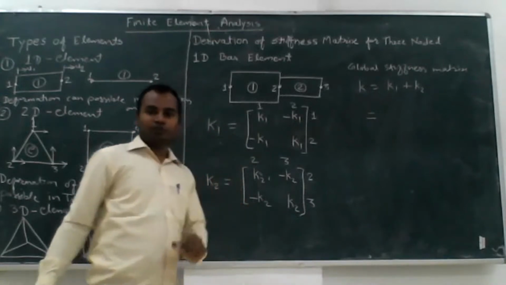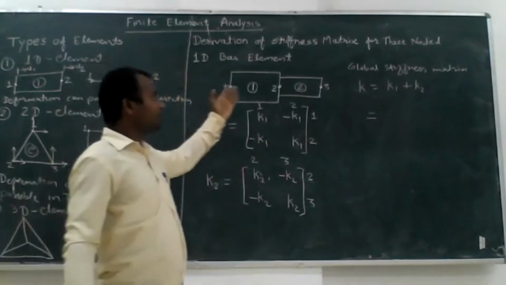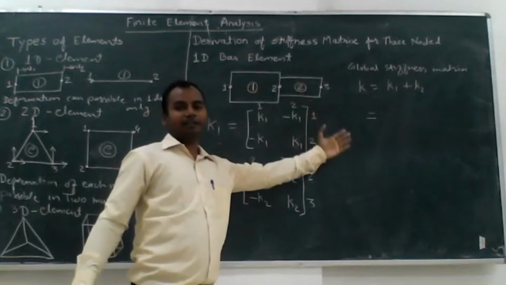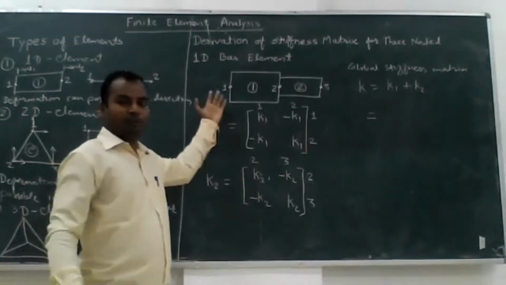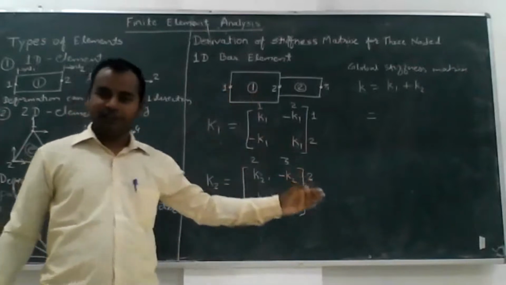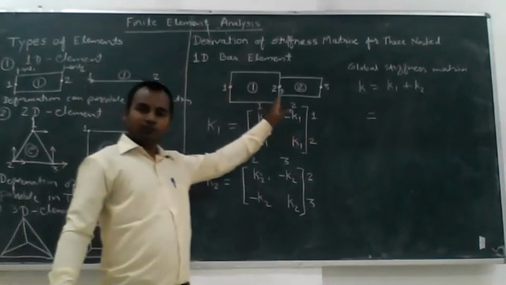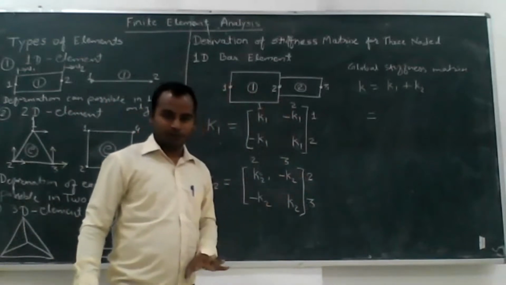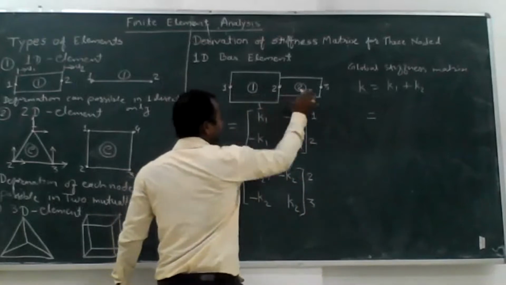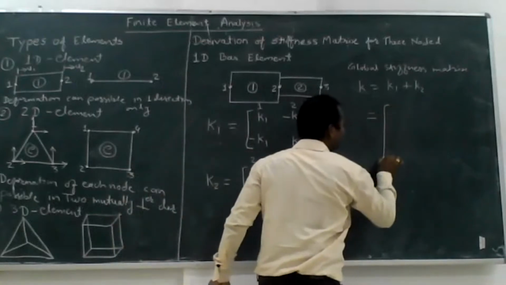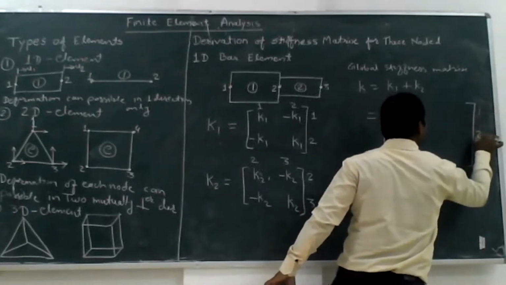So please take note that in 1D element problems, whatever the number of nodes, the matrix will be 3 by 3 or 4 by 4. If the number of nodes is 3, the stiffness matrix will be 3 by 3. If the number of nodes is 4, the stiffness matrix will be 4 by 4. Here the total number of nodes is 3, therefore the stiffness matrix will be 3 by 3.